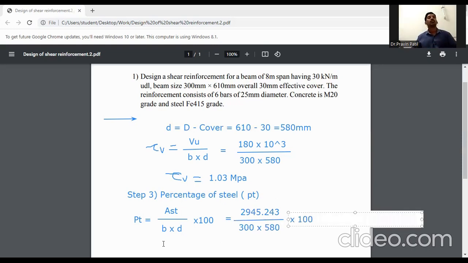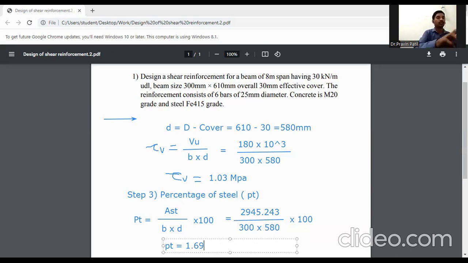Calculate PT: 2945.243 divided by 300 into 580 into 100. That will be 1.69%. I will note down this value also: it is equal to 1.69%.